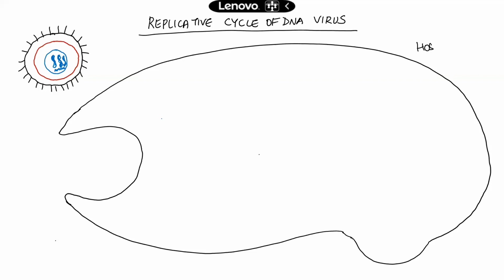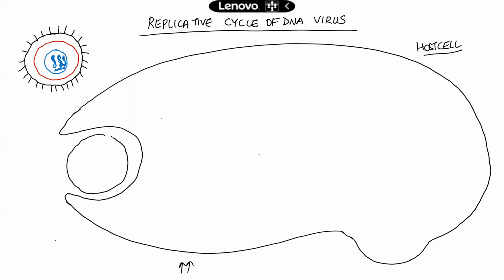This is your body cell, right? Now, what the virus does is it keeps on searching specific areas on this particular host cell to make its entry. And when it has found its specific location, its favorite site for it to enter, it goes and induces the process of endocytosis.